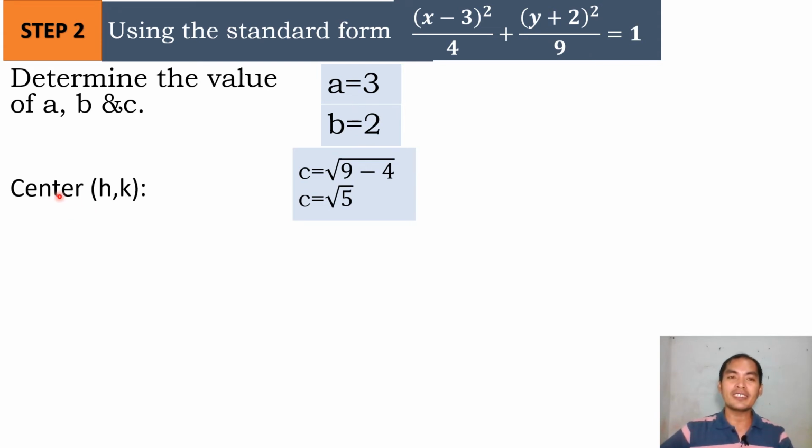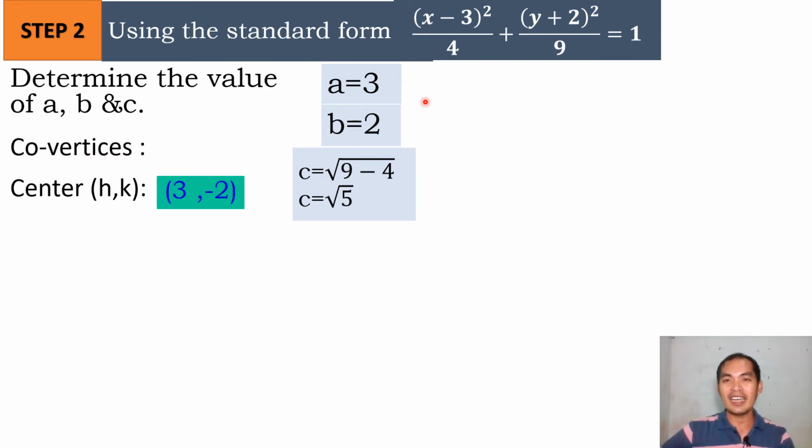We will get first the center. The center is the opposite of negative 3 for x. Positive 2, the opposite is negative 2. So we have the center, positive 3, negative 2. Now, for the co-vertices first. To get the co-vertices, I said, ang technique niyan ay whatever the bigger denominator, yung variable sa taas, yon ang reference.